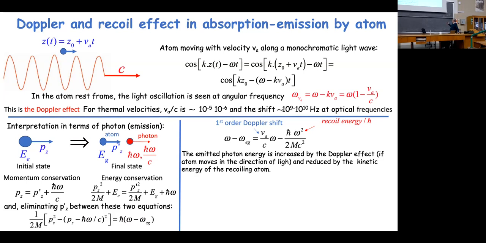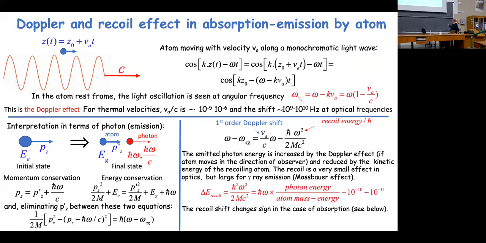Now, let's look at orders of magnitude. The recoil is h bar omega times h bar omega over mc squared. So you see that the recoil is in fact very small. It is the energy of a photon multiplied by the ratio between the photon energy and the atom rest mass energy, mc squared.